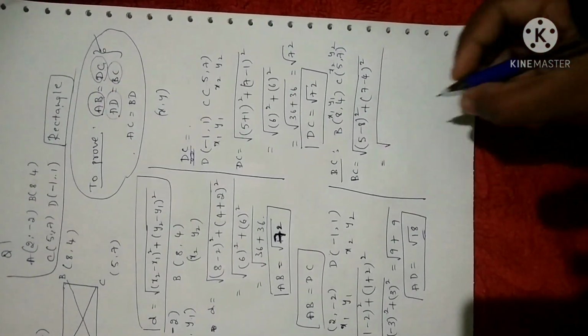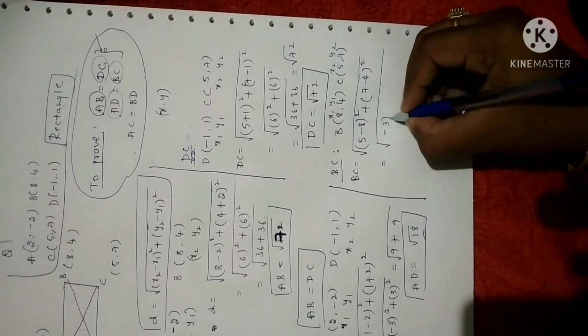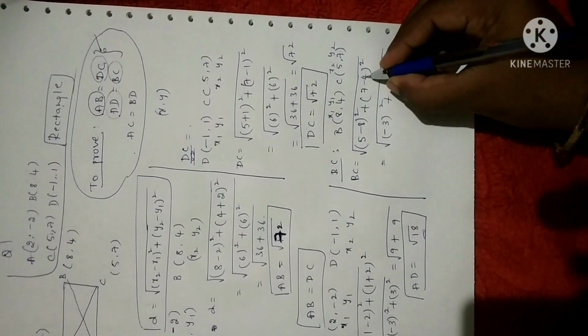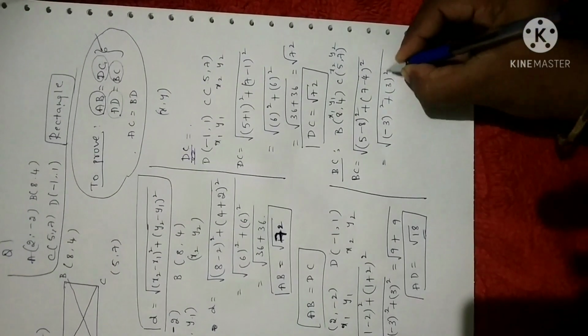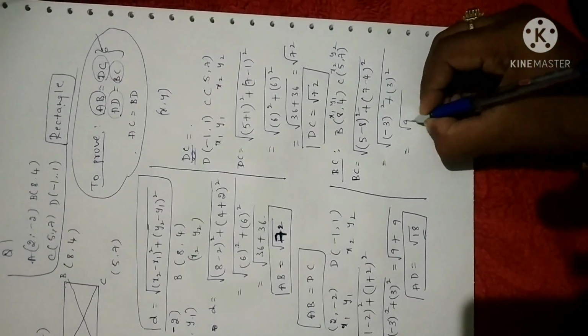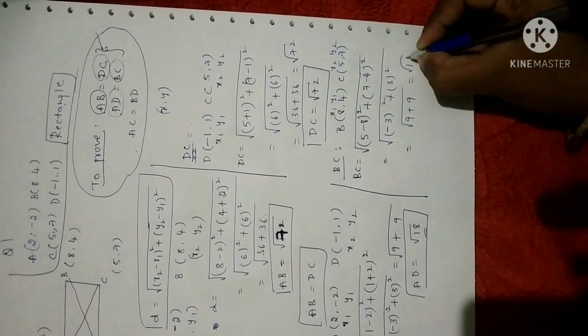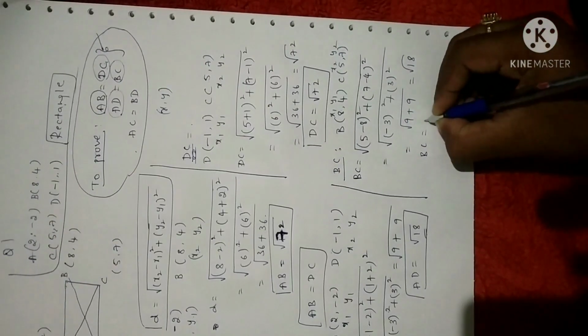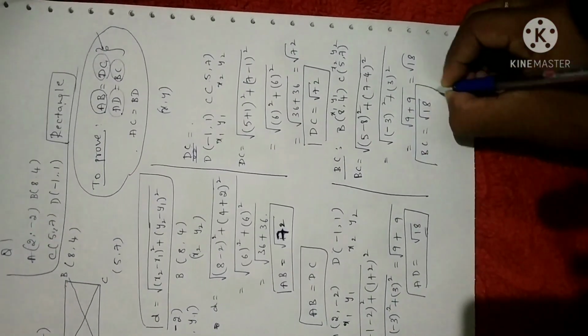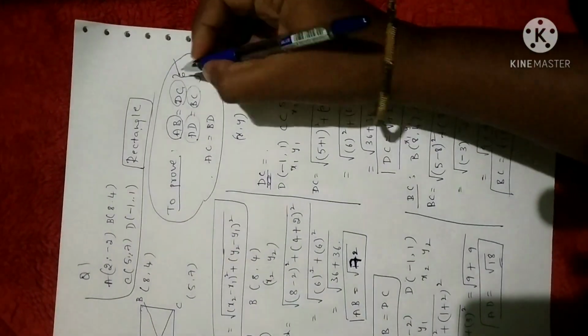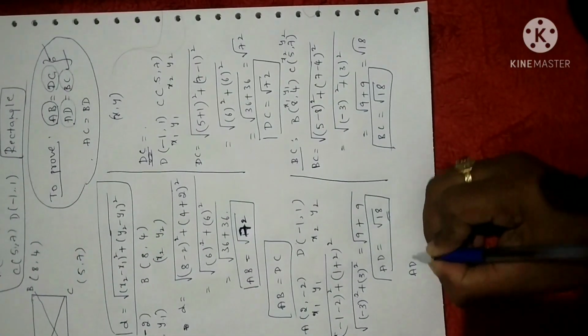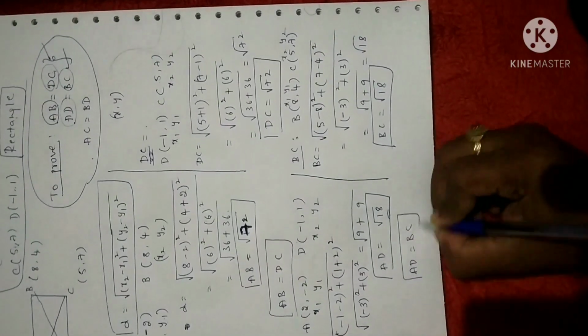So 8 minus 5 is minus 3 square plus 7 minus 4 is plus 3 square. Again it is 9 plus 9. It is square root of 18. That is, length of BC is square root of 18. So again the second condition AD is equal to BC is satisfied.